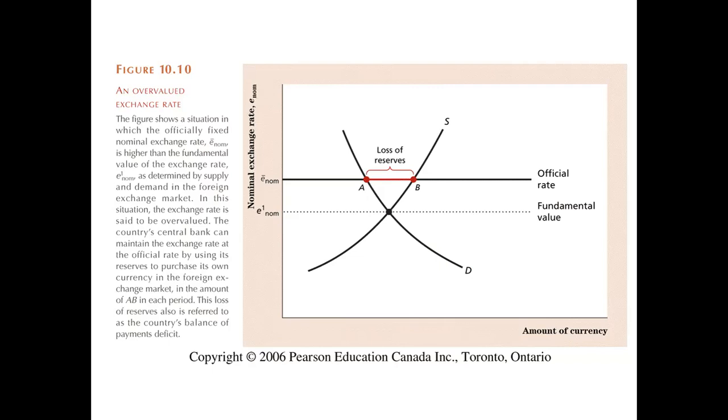This loss of reserves is also referred to as the country's balance of payments deficit. I mentioned a while ago the foreign currencies because the currencies that we have, domestically speaking, are now in the foreign currency exchange market. So we need to buy them back.